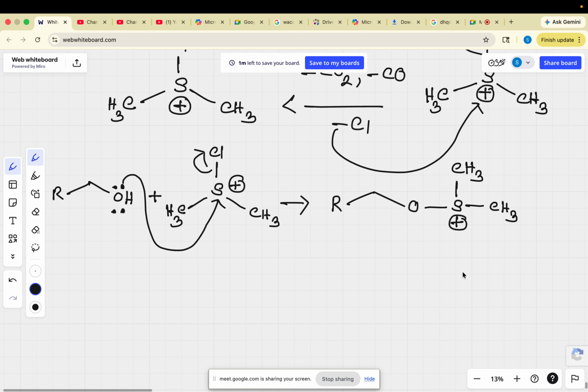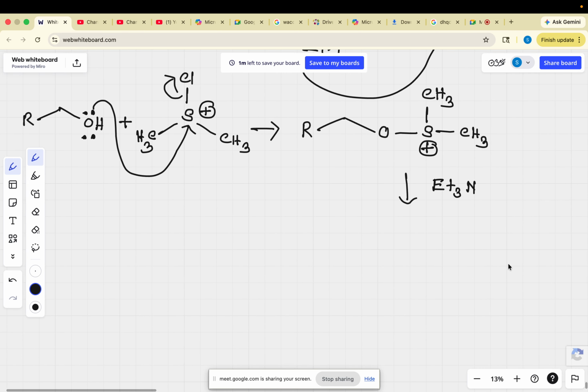Now what you have: triethylamine, right? Et3N. Triethylamine is a base, right? So base will abstract an acidic proton. Which one is the acidic proton? See, this CH3 is already acidic, so you have here CH2 hydrogen. So again triethylamine is abstracting one proton from here.